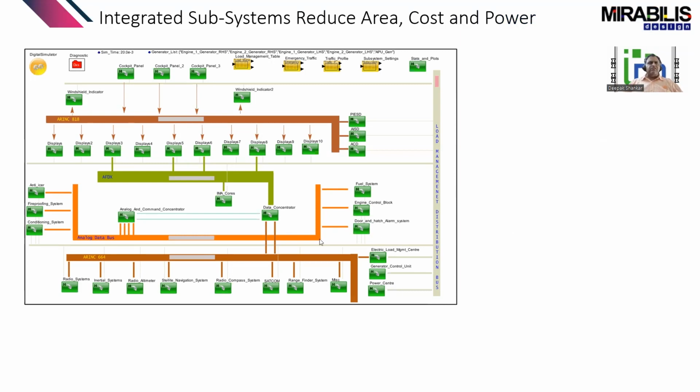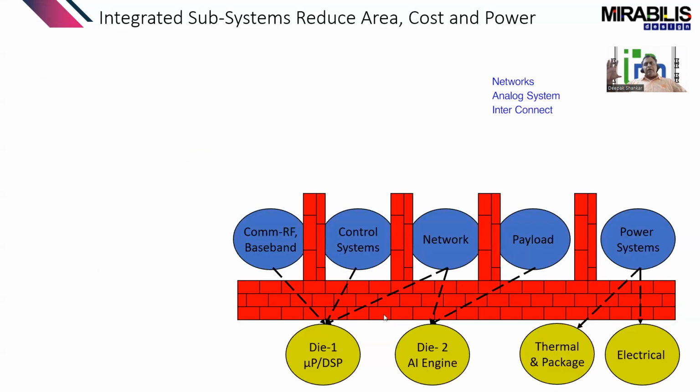If you take a large system like avionics, there are so many networks, so many analog systems, so many interconnects, power systems, sensors, processing units, and so on. You now have the opportunity to take all of these individual components and collapse them down into different dies.